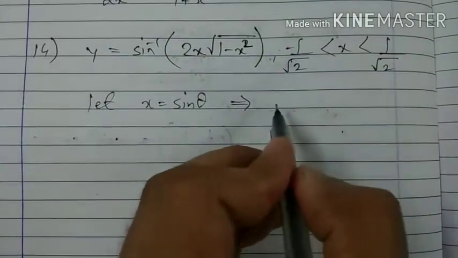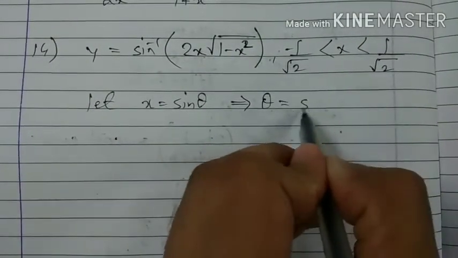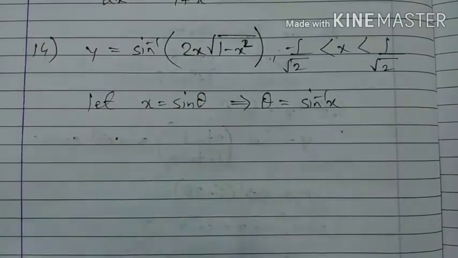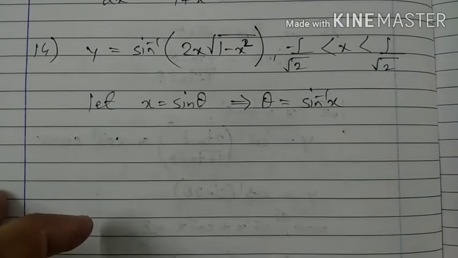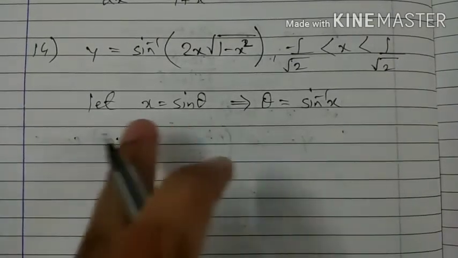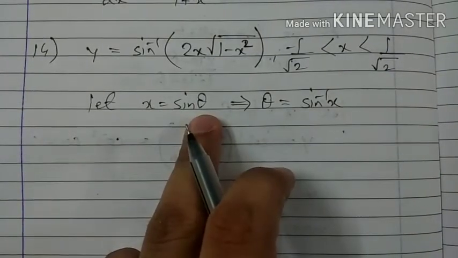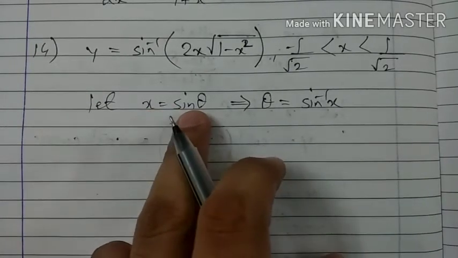So by assuming x equal to sine theta, we will get theta equal to sine inverse x. This sum can also be solved by assuming x equal to cos theta. In both ways we can solve, but it is very easy when you assume x equal to sine theta.